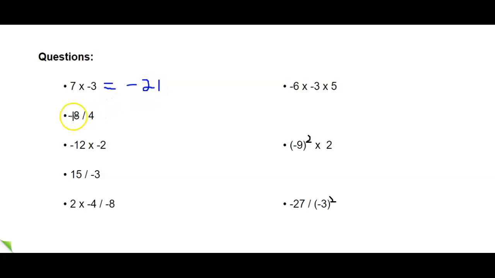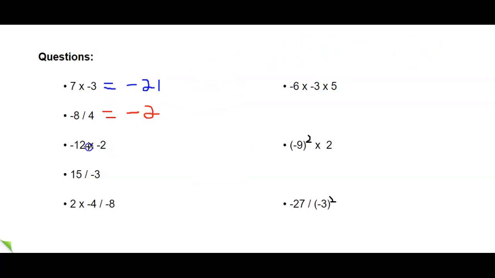Then we have negative 8 divided by positive 4. The answer would be negative because it's a negative divided by a positive. 8 divided by 4 is 2. So the answer is negative 2.